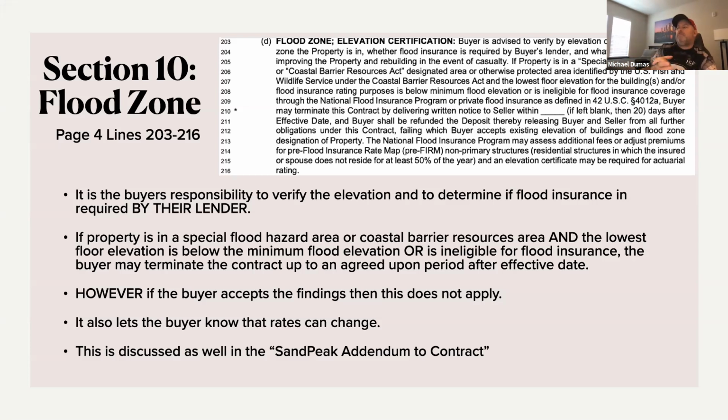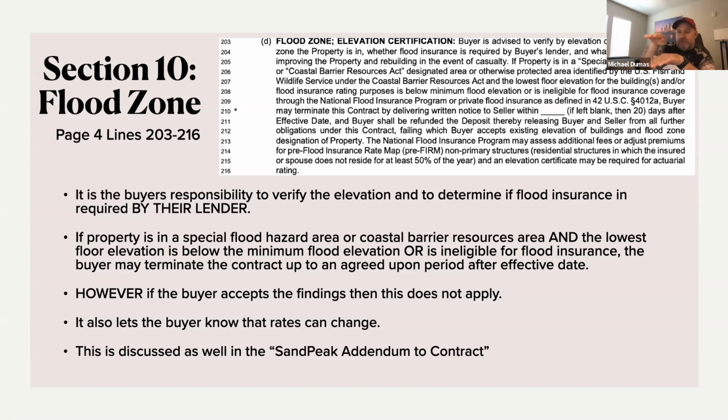Okay. It's the buyer's responsibility to find out not only if they need flood insurance, but if it's required by their lender. And that's something you need to do right away when you go under contract. If the property is in a special flood hazard area, which just means it's in a flood zone, or coastal barrier resources area, and the lowest floor elevation is below the minimum floor elevation, right?